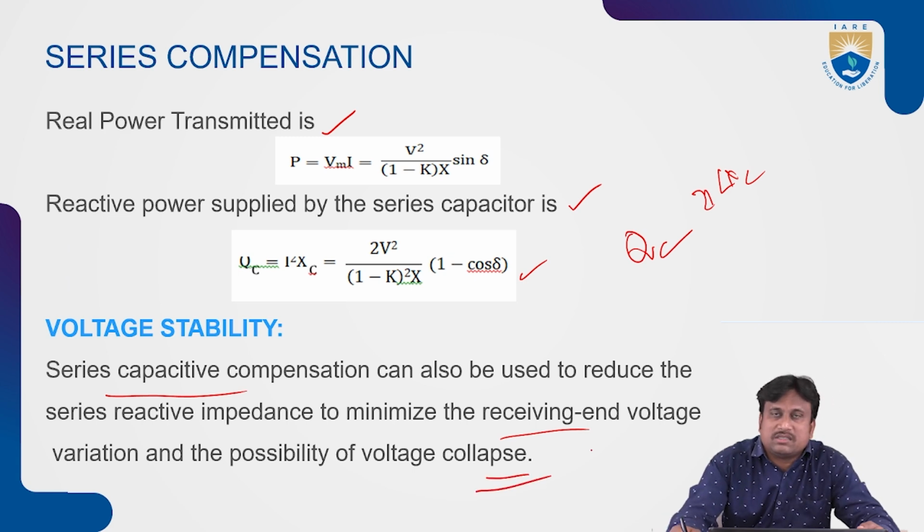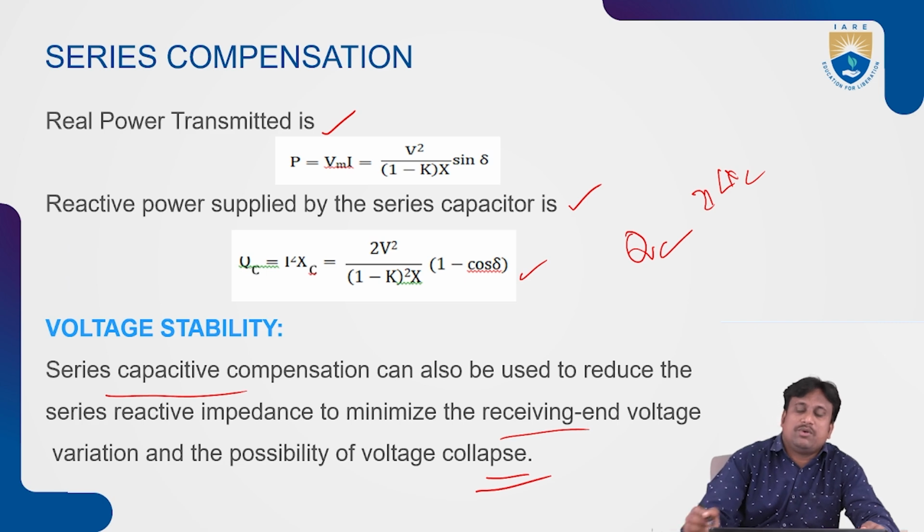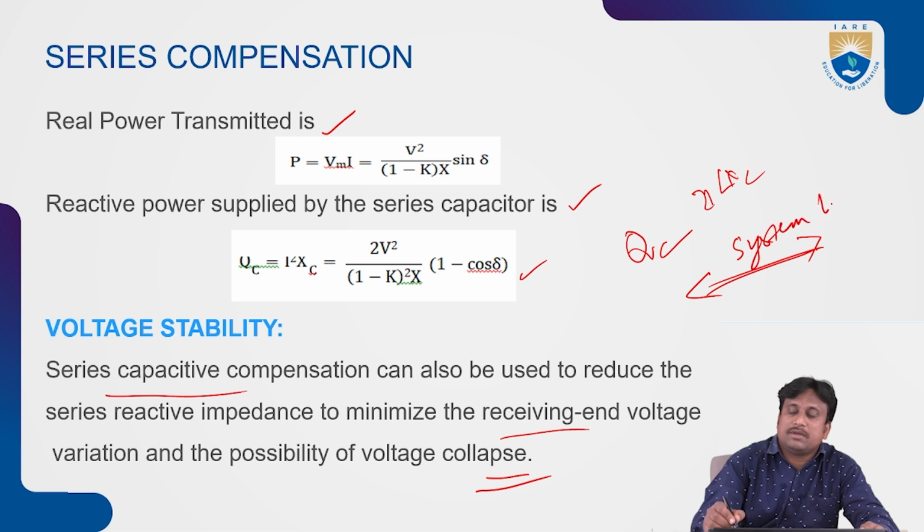Because of the stability of the voltage, the system response is smoother and the load can be expected to run under 100% efficient conditions. So this minimizes the receiving end voltage variation and possible voltage collapse, and we can balance the system line voltages suitably.